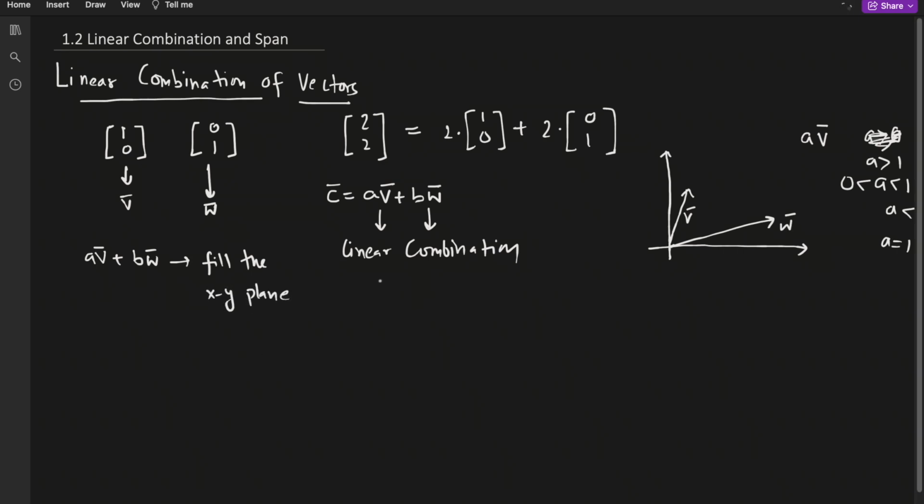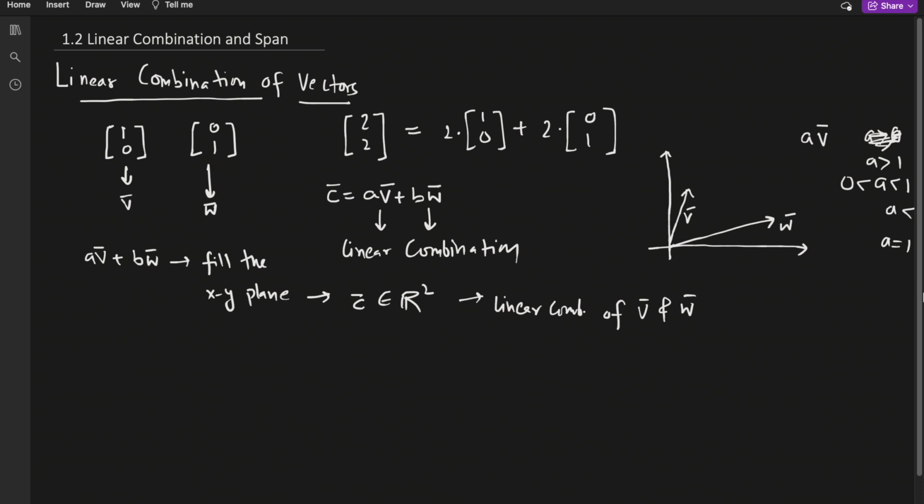What I mean by filling the xy plane is that any vector c which belongs to the space R2 is nothing but a linear combination of these two vectors v and w, and this is true for any vector.